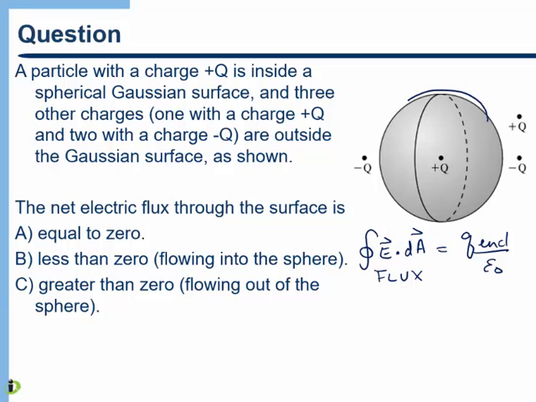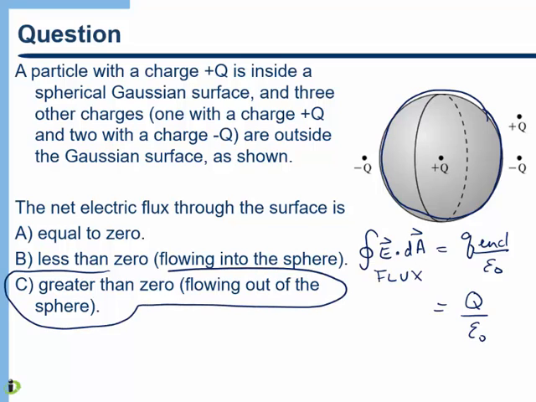Well, how much charge is enclosed in our Gaussian surface? It's just plus q. So it's q over epsilon naught. And so all I have to do here is pick the one that matches. Well, q is a positive charge, so the correct answer is greater than 0 flowing out of the sphere. And it's that simple to find the flux.